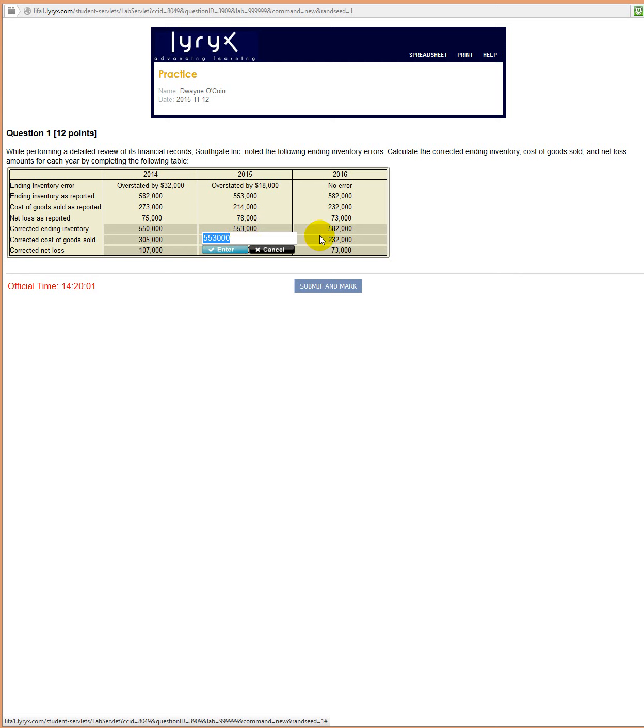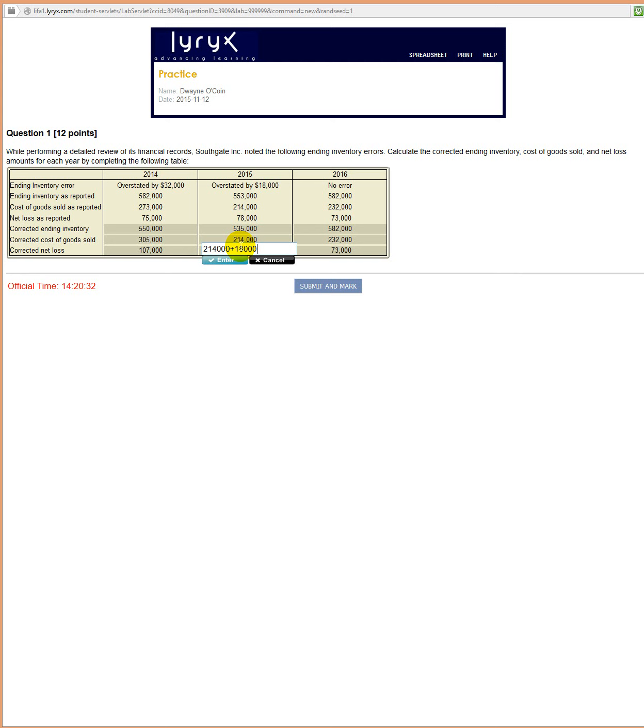2015, we've got inventory overstated again, and it's overstated by 18,000. And just like we did in the first year, in 2014, when we overstate ending inventory, we understate cost of goods sold. So we need to increase it for the 18,000. But we also have to consider the error from the previous year, because in the previous year, the ending inventory was overstated by 32,000.